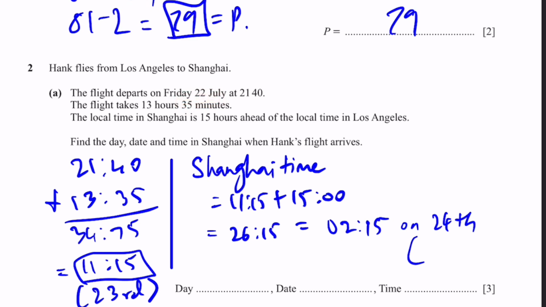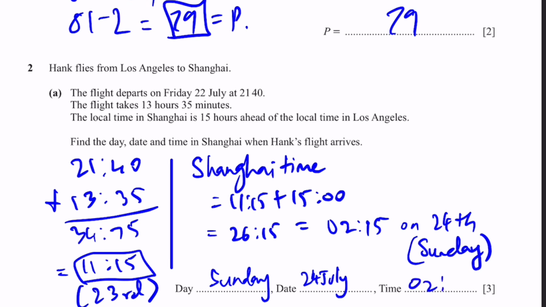So it'll be Saturday, Sunday, which is the second day after Friday. So the day is Sunday, date is 24th July, and the time is 2:15 in 24-hour time.